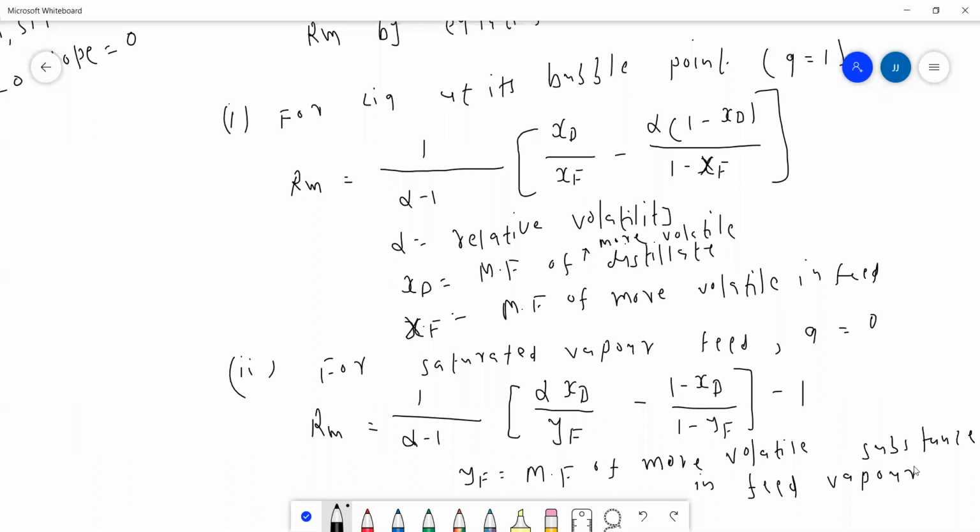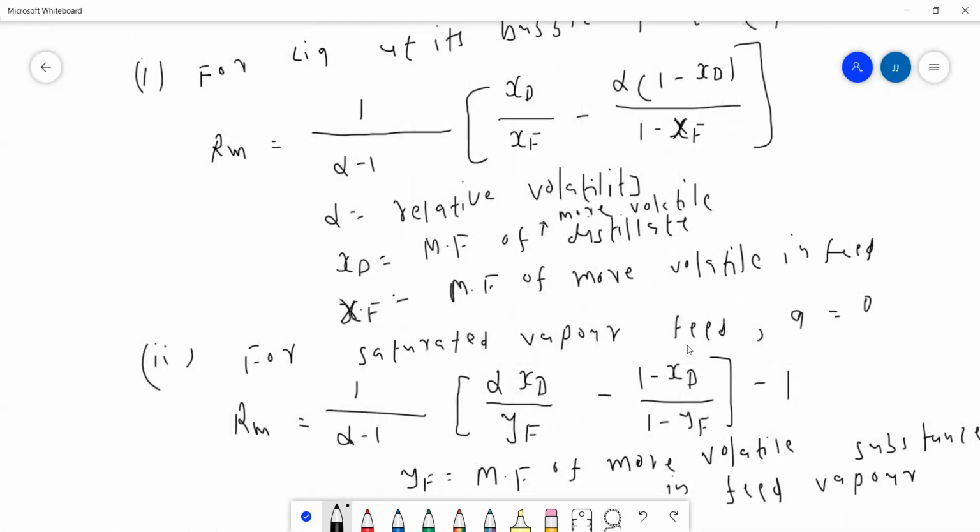So using this equation, we can determine the minimum reflux ratio for saturated vapor feed.